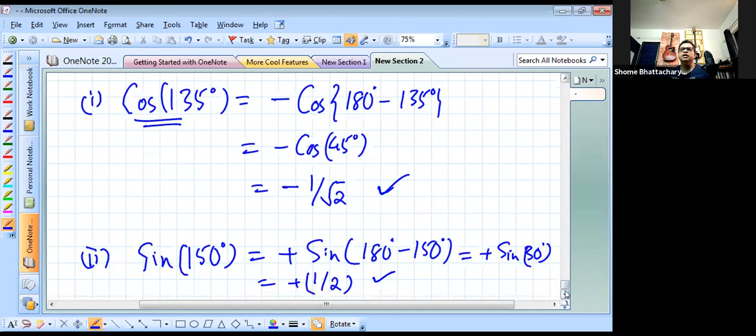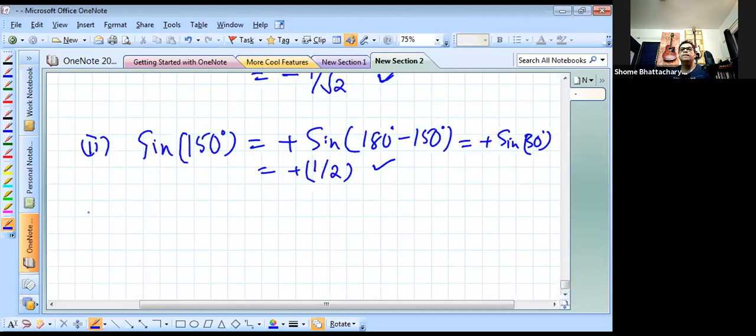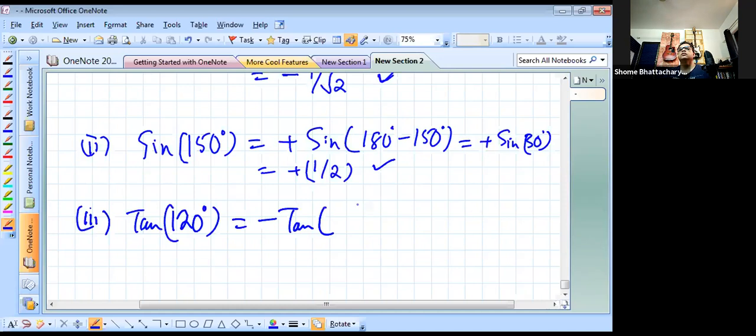And likewise, now the answer to the third part. Tan of 120 degrees, just applying that formula, it is minus of tan of 180 minus 120, so it is minus of tan 60.